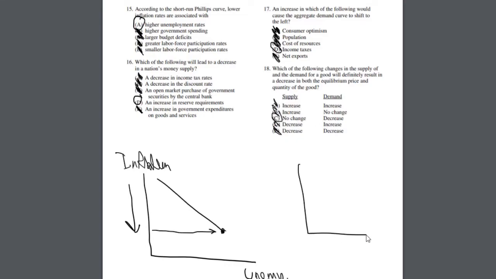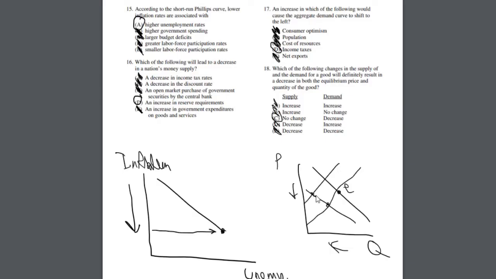The reason being, we have price, we have quantity, here's demand. Let's say this is our first equilibrium. When the demand curve shifts to the left, both the equilibrium price and quantity will always decrease. Now, if there is actually a supply curve here, and the supply curve shifted, let's say to the left, we don't know exactly.